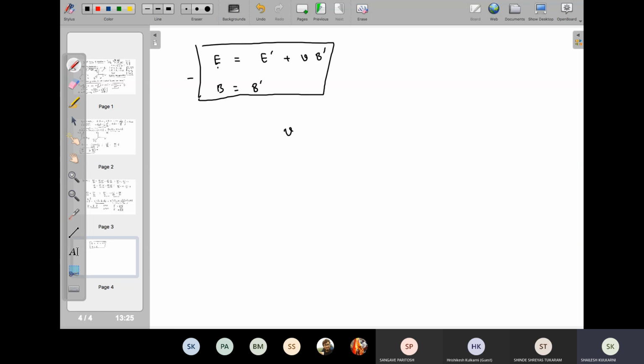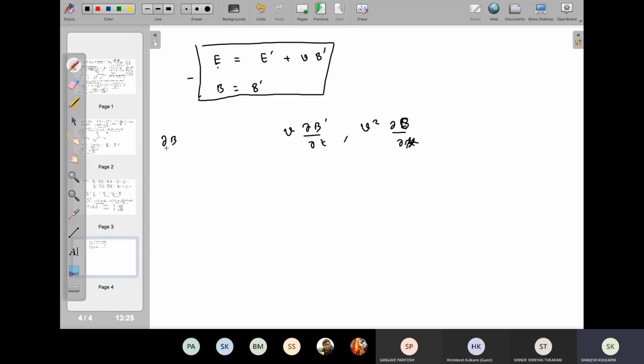You'll generate velocity dependent terms, something like this, or v square del E by del T, something like this you are going to generate. Sorry, v square del B by del X. These kinds of terms you get, apart from your original term.